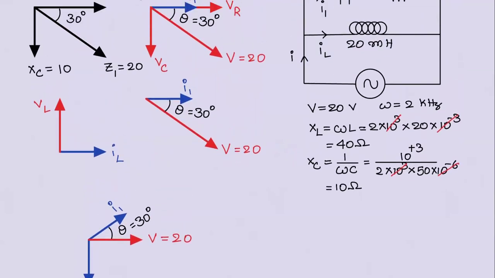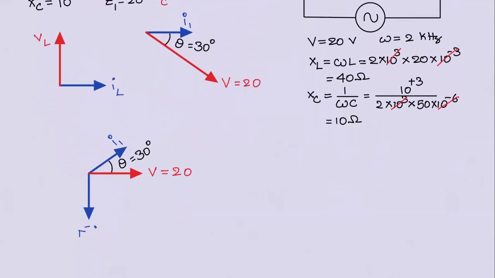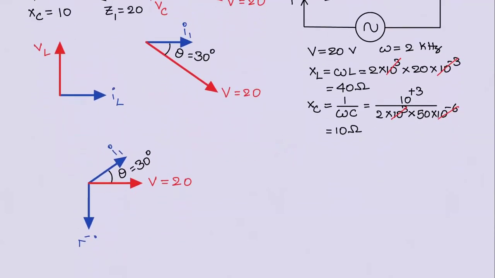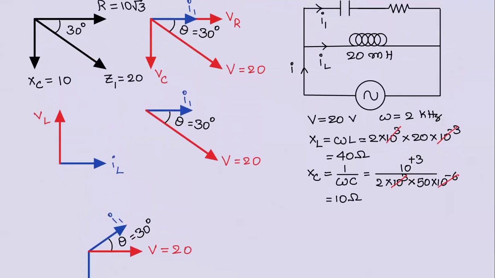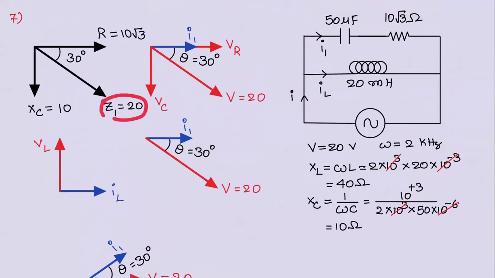I1 we can calculate. IL also we can calculate, right? First, let me calculate I1. Total impedance is Z, Z is equal to 20. With 20 and 20, what is I1? Anyone can help me out? 1 ampere, right?